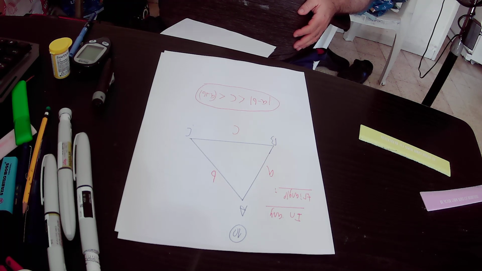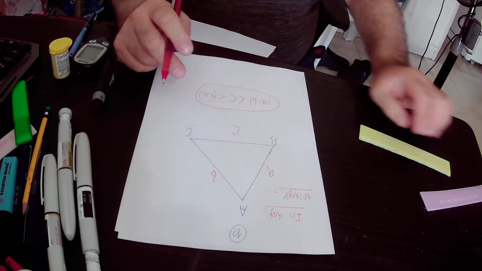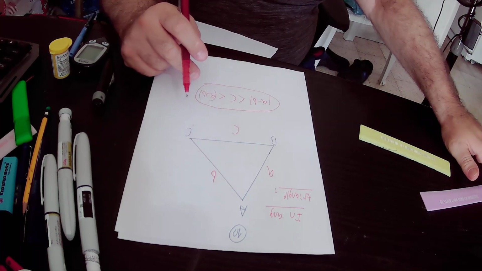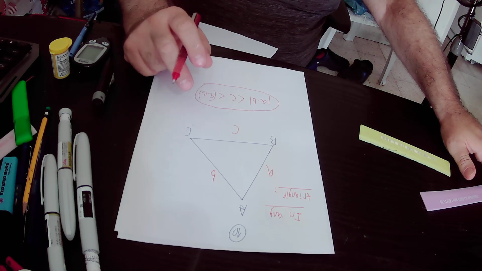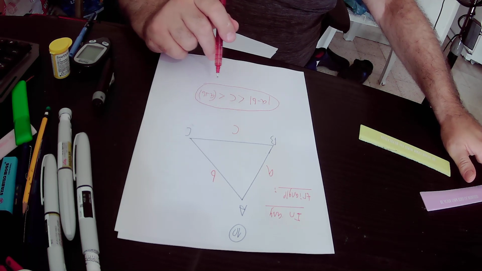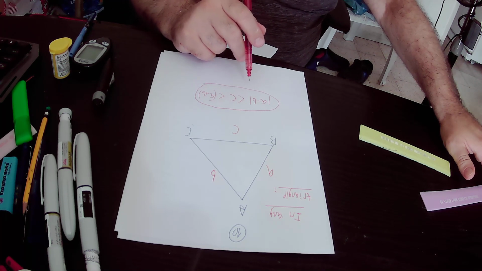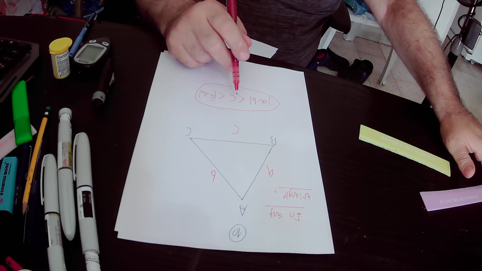For that reason, C will be less than A plus B, because the third side is always less in length than the sum of the two sides of the triangle, and the difference between the lengths of two sides is always smaller than the length of the third side.